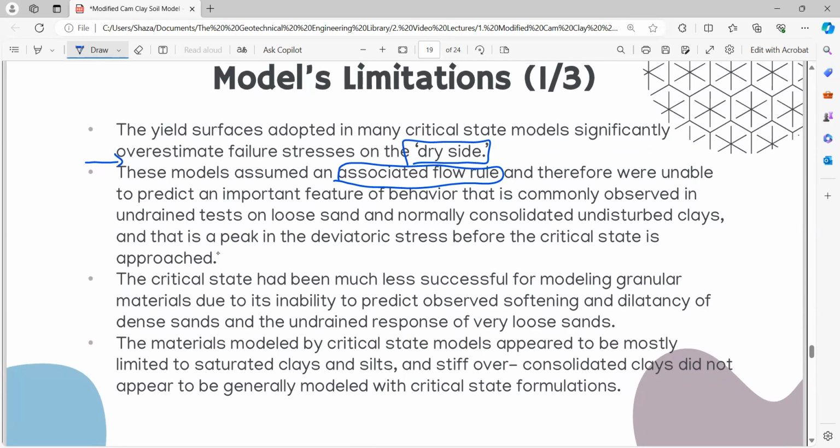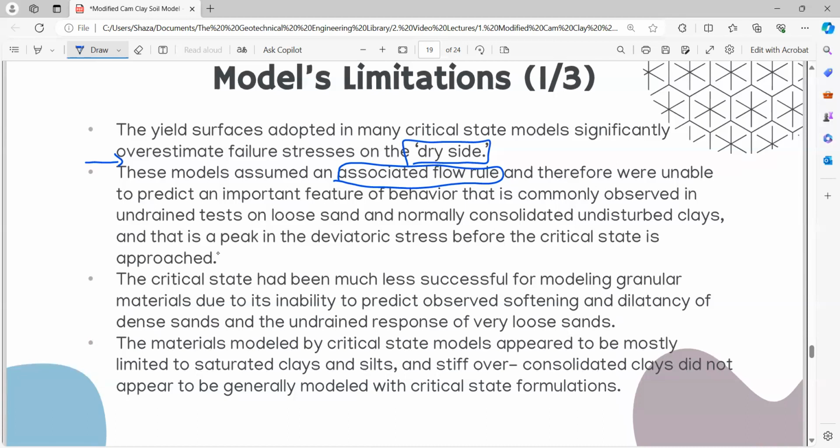Also, it's important to note that the critical state theory has been less successful for modeling granular materials because it's unable to predict the softening and the dilatancy of the dense sands.